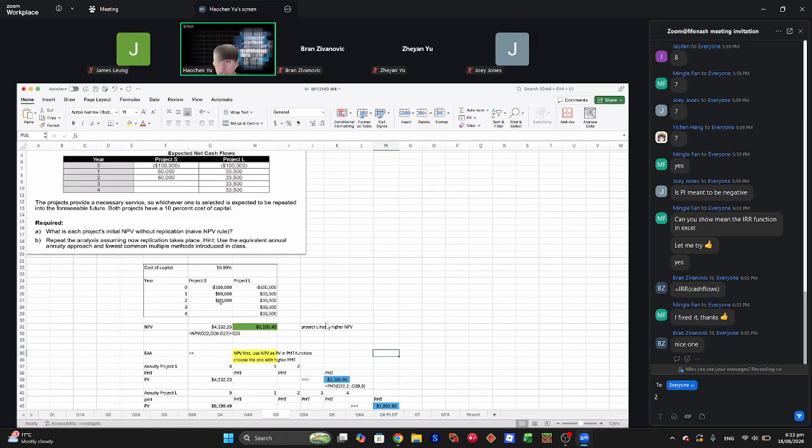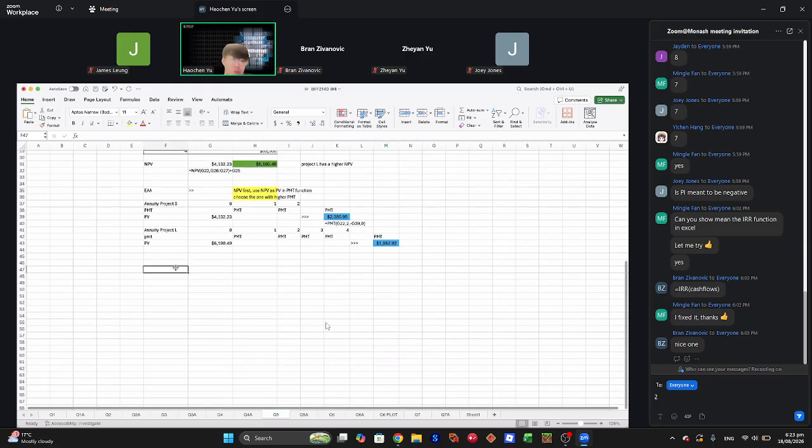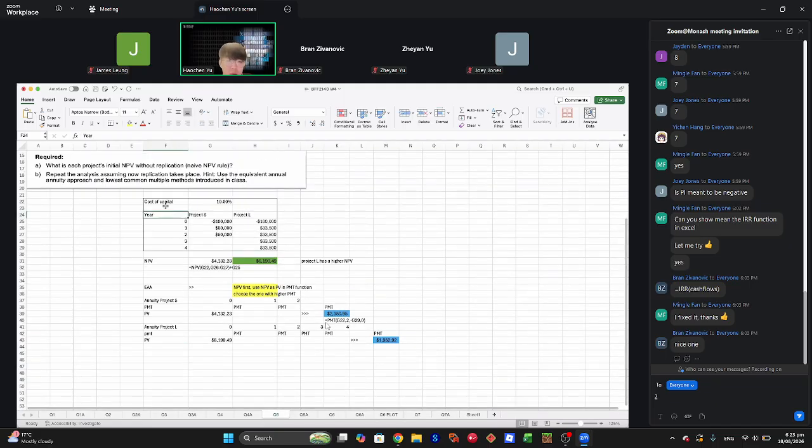You need to repeat project S for 7 times, and then repeat project L for 3 times, so that you have the same common duration. Then this method will become very complex. So this is why we would recommend you to use the EAA method. But you need to know what the LCM is. So here I'm going to show you the idea of LCM. I will copy paste the cash flow here.